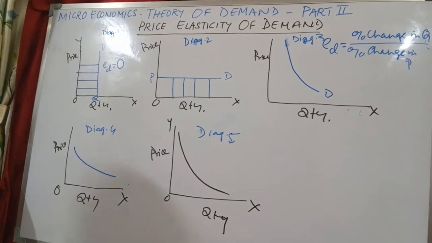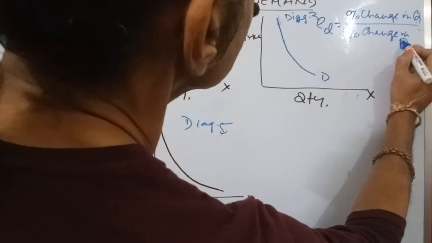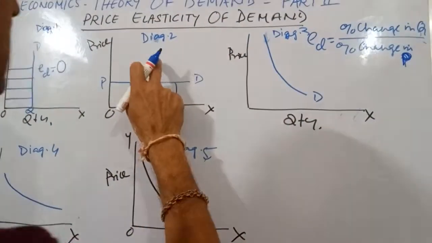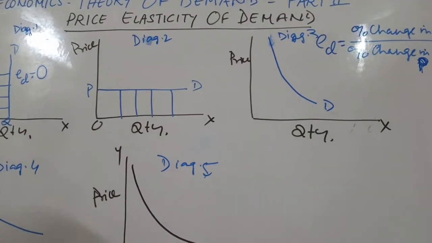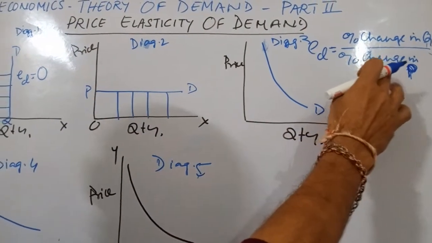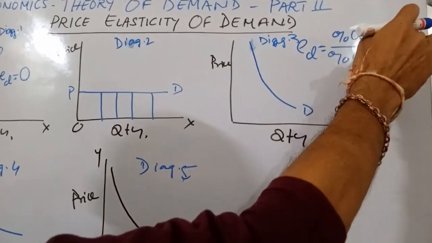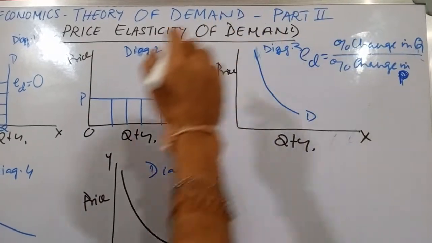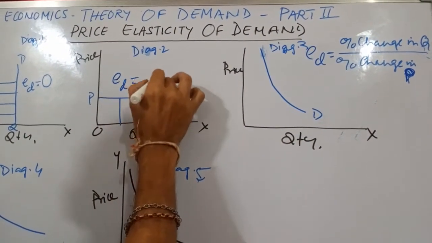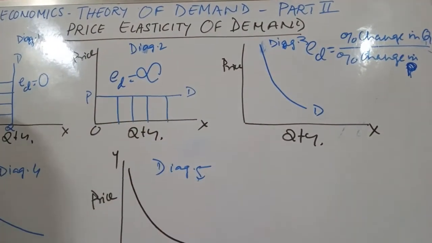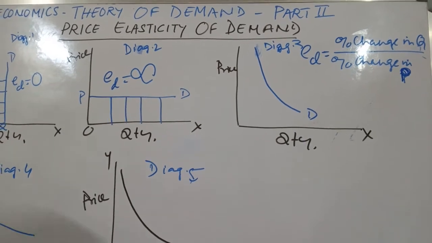So that means percentage change in price is 0 in this case. So when the denominator becomes 0, the value of the whole fraction becomes infinity. So here ED, price elasticity, is infinity. Something by 0 is infinity. Correct?